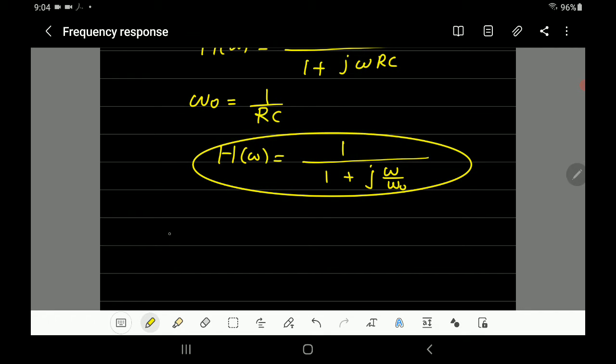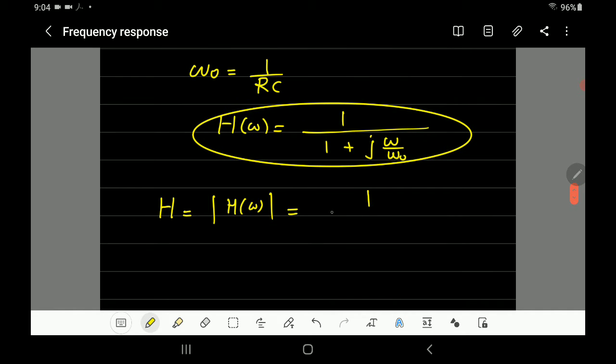Now I want to find the magnitude, which is called H. H is the magnitude of the transfer function. So it will be equal to 1 over, and the magnitude on the bottom, the square root of the real squared plus the imaginary squared, and that will be the amplitude.